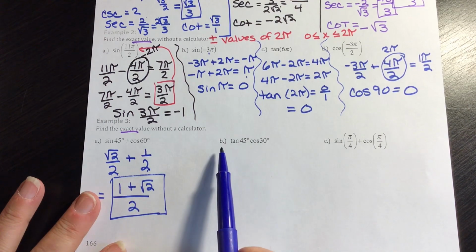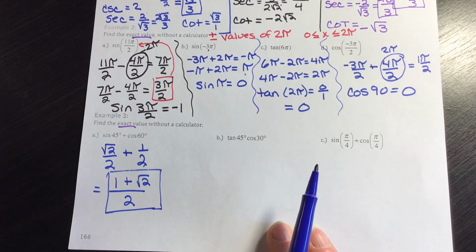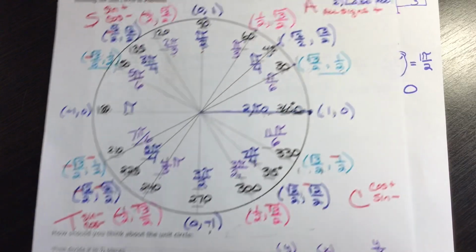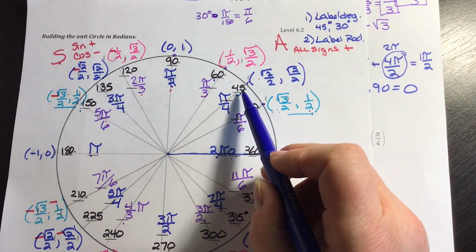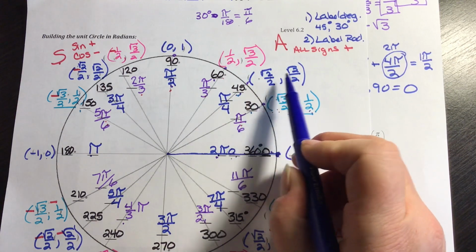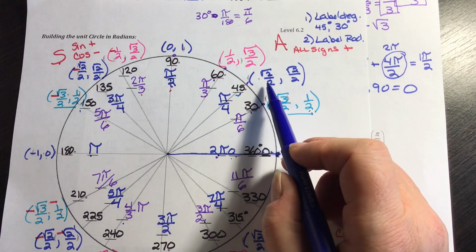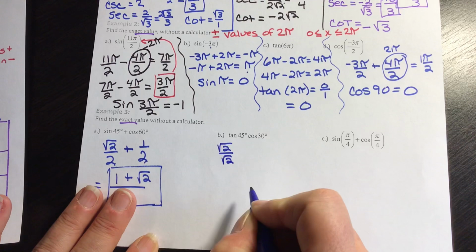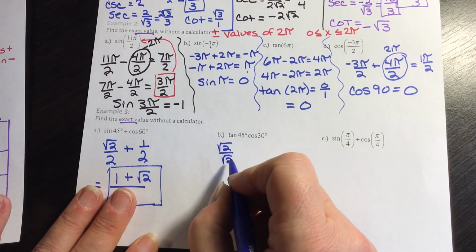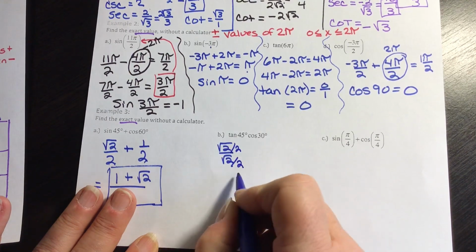All right, so part B, tangent of 45 times cosine of 30. Let's look here. 45-degree angle, tangent is y over x, and because they're the same thing, I have square root of 2 over 2 over square root of 2 over 2, which is just 1.